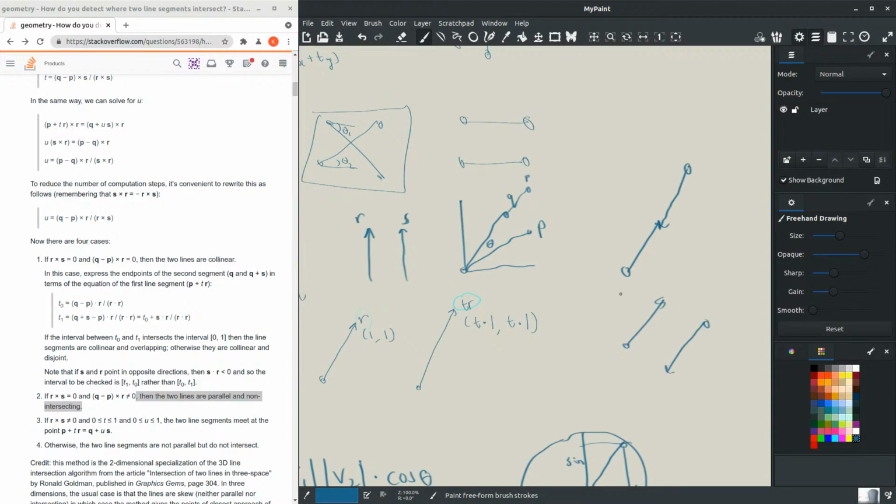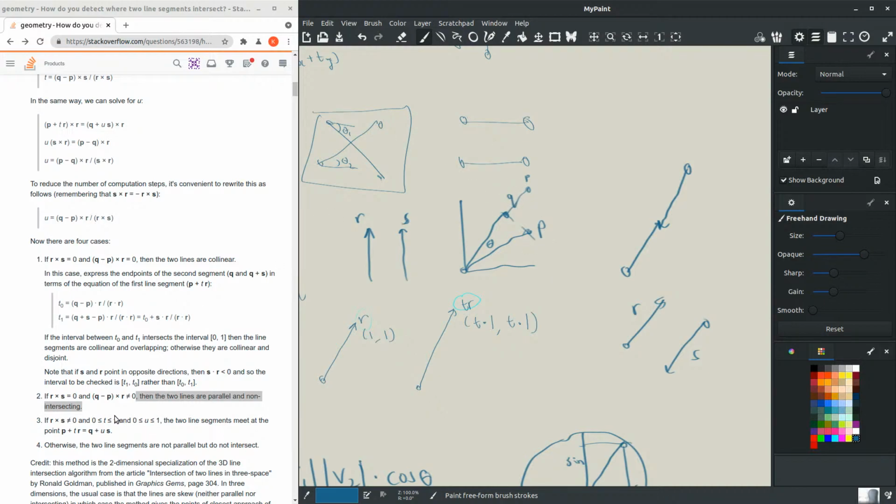So this is our Q, our R, and this is our S. But if our Q minus P cross R is not 0, then basically it means that these two are in different positions here. So then we end up having two lines that are parallel.